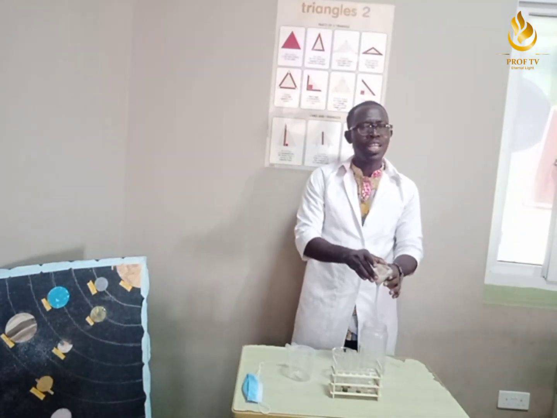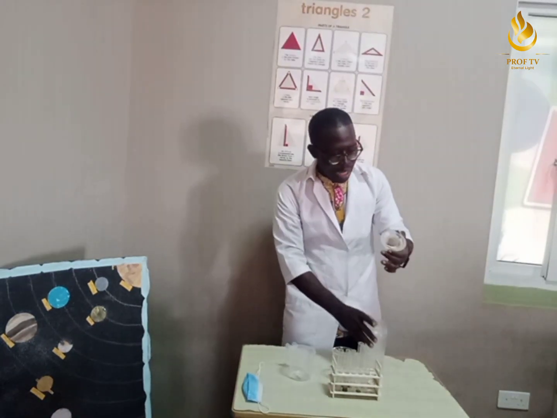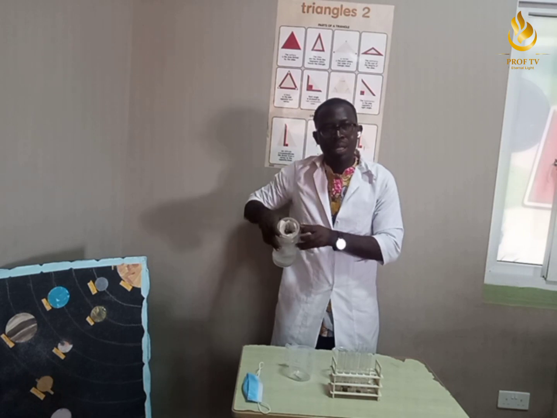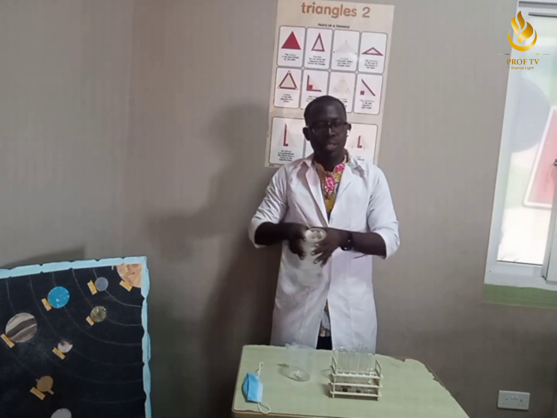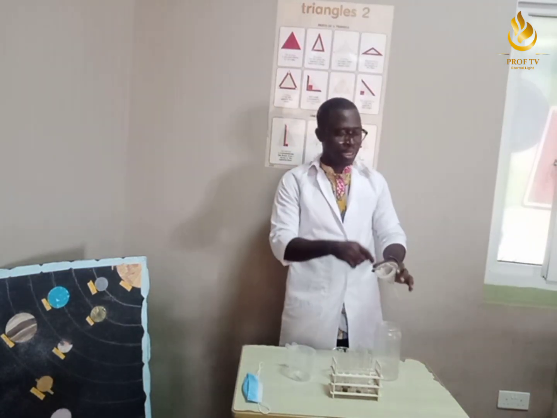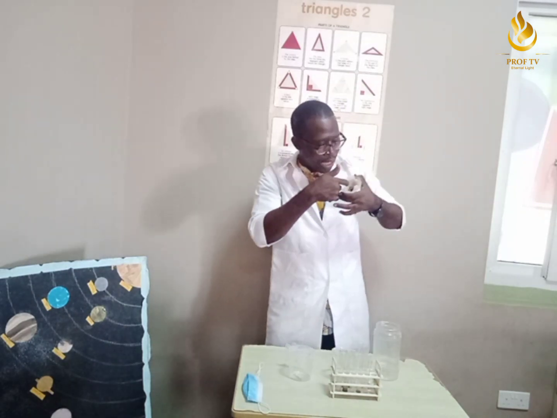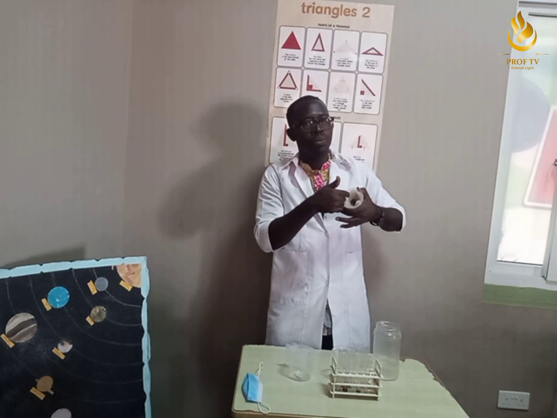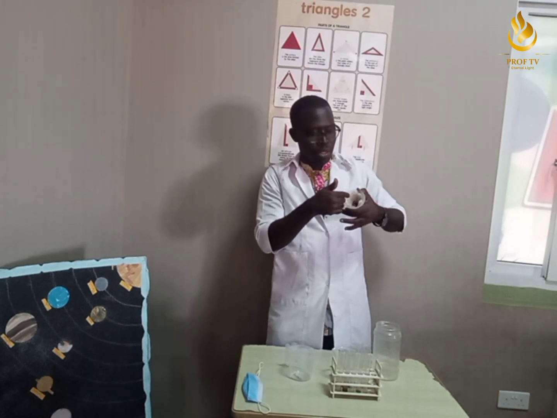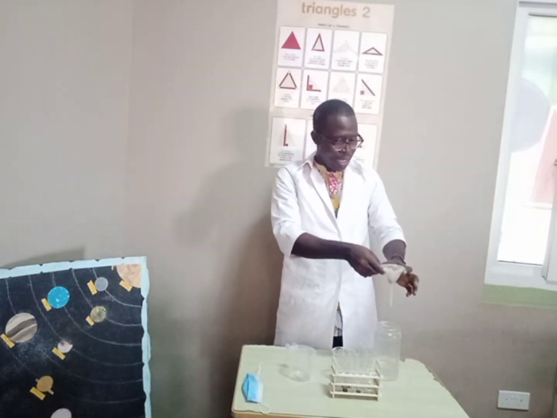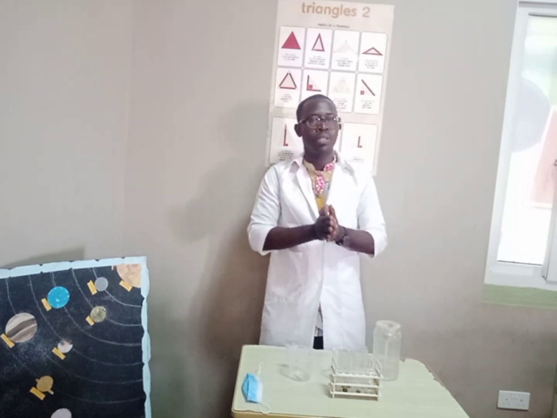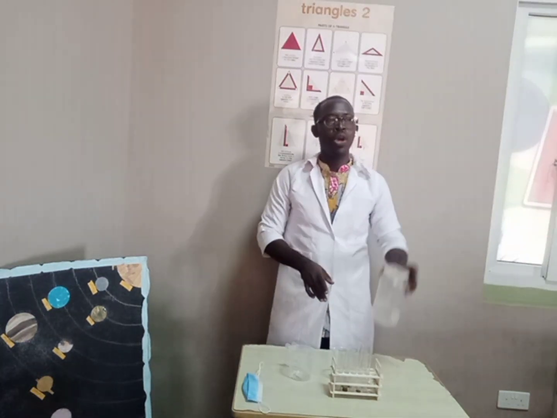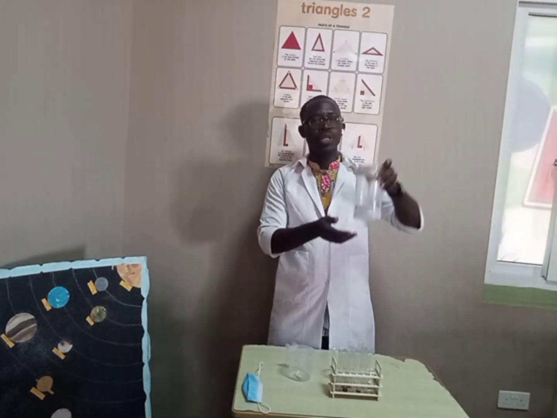Now, after the filtration, we have some particles in it. There are some particles that are left in the experiment. If you can see it very well, this is the residue. The filter paper is there, and that is it. So we have successfully made the water pure by filtration.